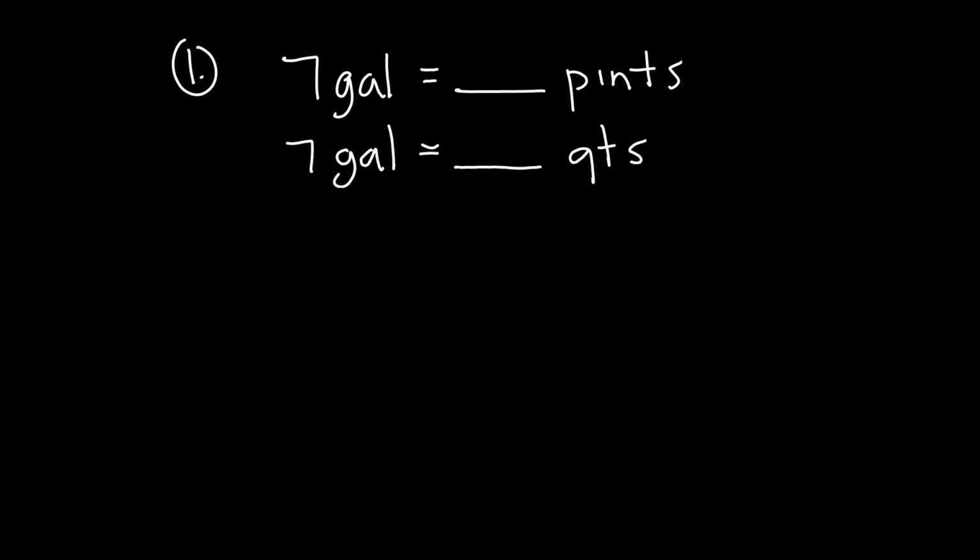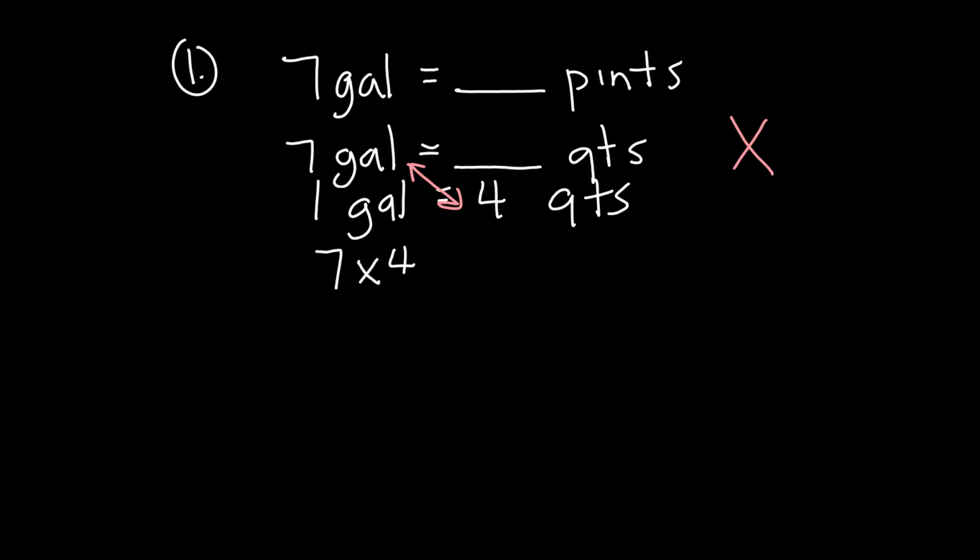I look at my reference chart and I know that 4 quarts are equal to 1 gallon. Now, I notice that my numbers are diagonal from each other, which means we're going to multiply. So I have 7 times 4, which equals 28, and that's in quarts.